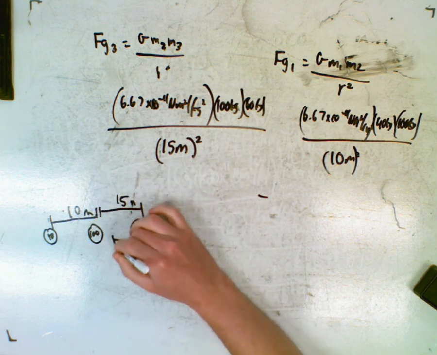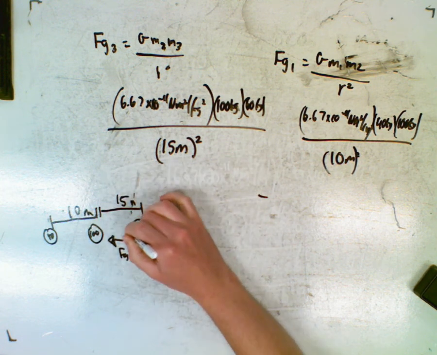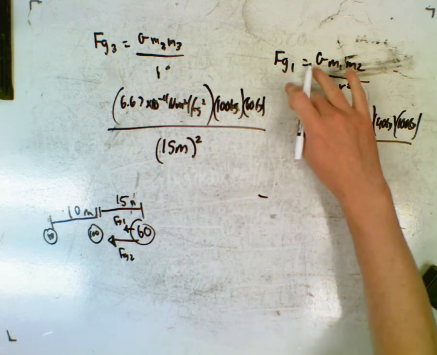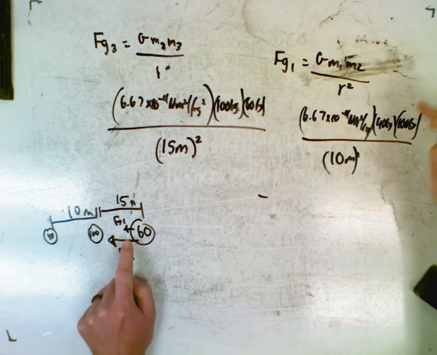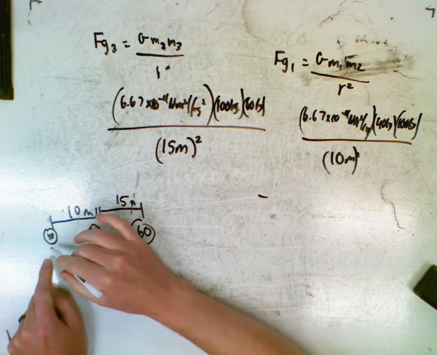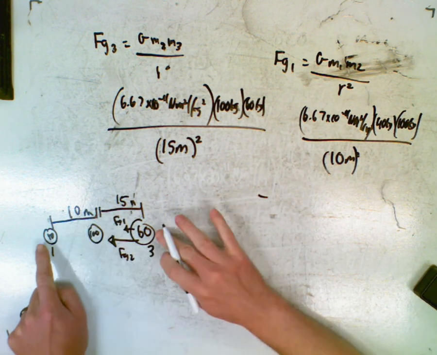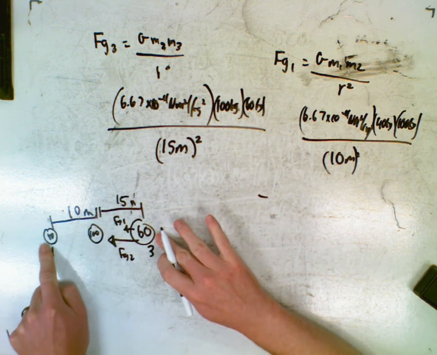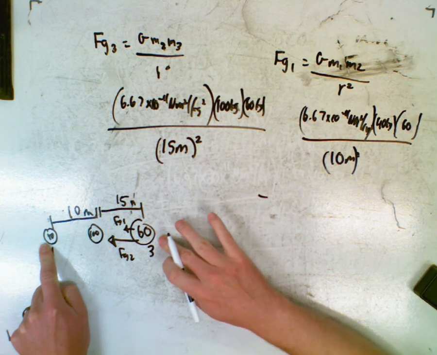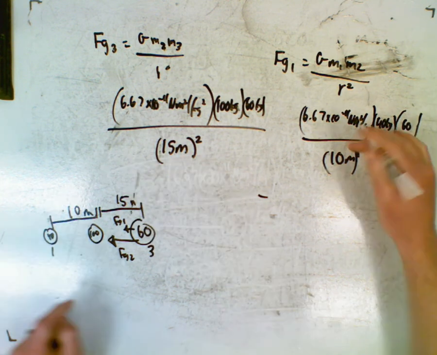Right, so we have this big FG2 and this small FG1, like that. So if I want to find FG1 this time, same formula, same G, but this is mass 1 and this is mass 3. I want to use mass 1 and mass 3, so it's going to be 40 and it's going to be 60, and then they're going to be 25 meters apart.